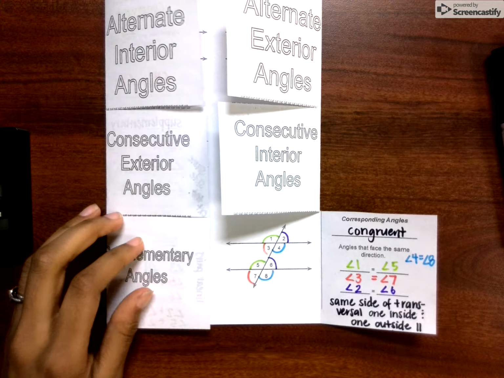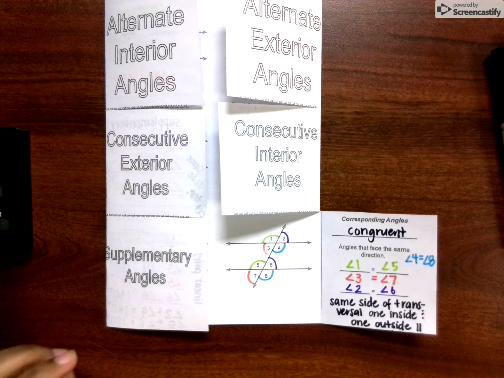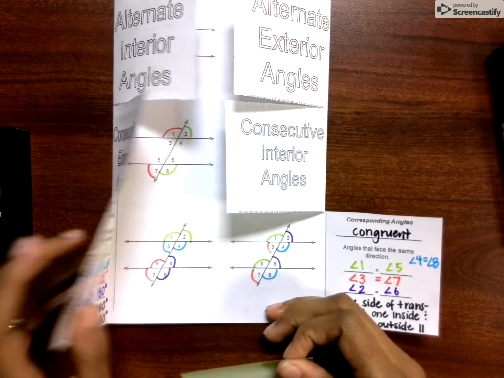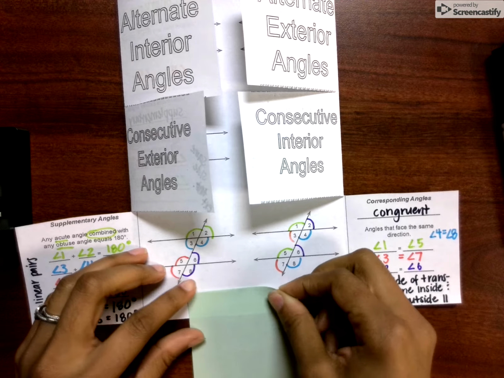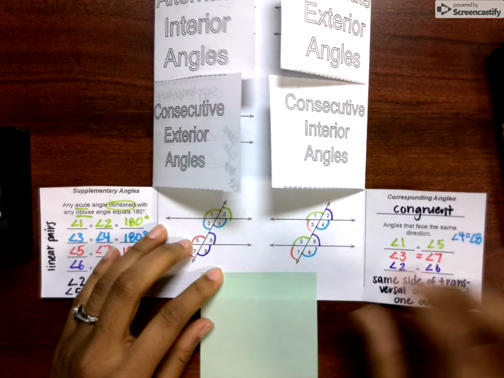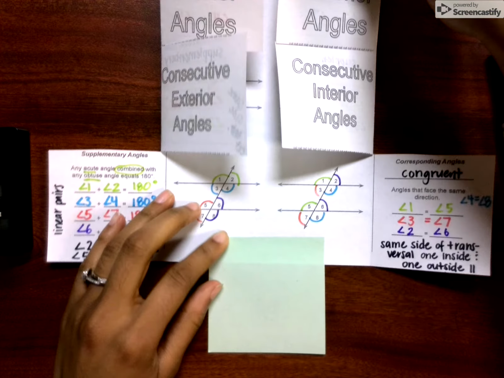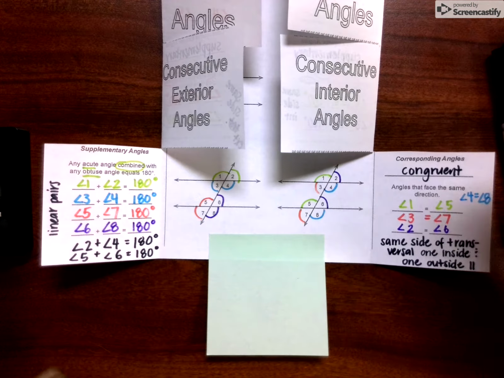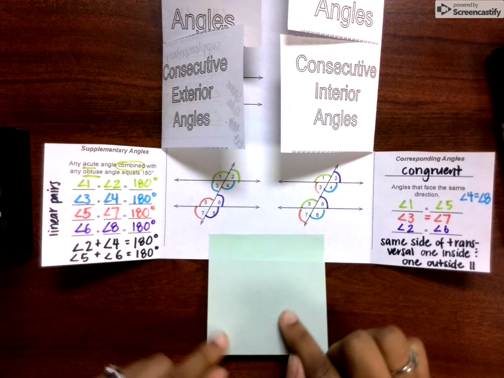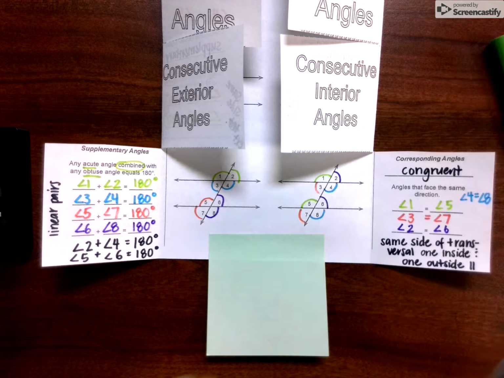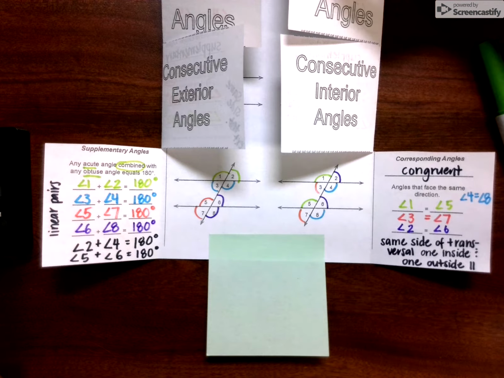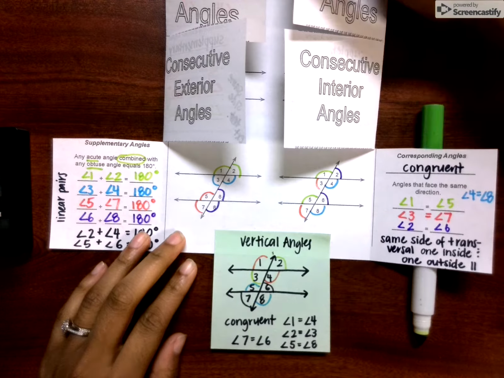All right. Now, with that sticky note, what I need you to do, you're going to simply attach it here and then pause the video, then press play, and you'll copy the last example for vertical angles, and that will complete our notes.